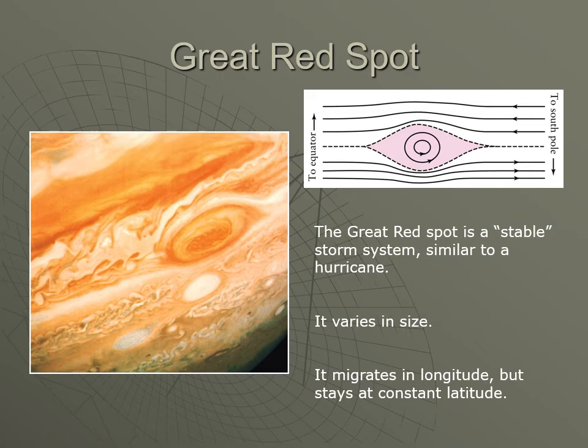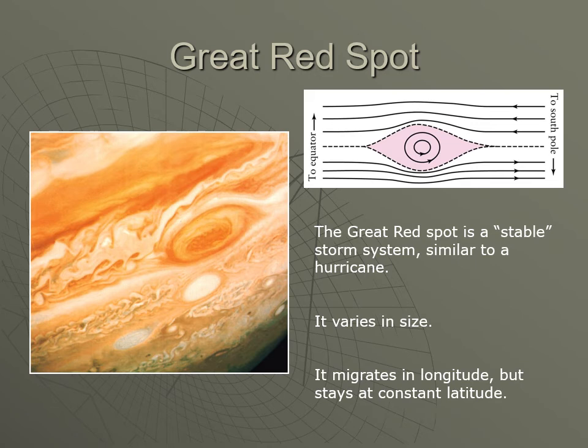Usually it's kind of a reddish orange color. Sometimes it's kind of a pale, creamish, pinkish color. Calling it the Great Pale Pink Spot is not really a very snazzy name, so we keep calling it the Great Red Spot. I've seen it very vividly red before, and I've also seen it fade to the point where it's virtually invisible.